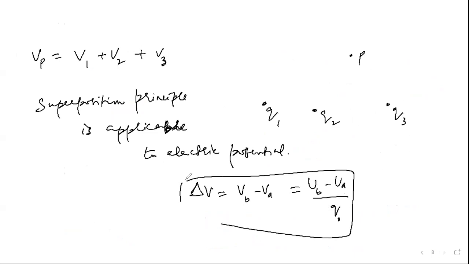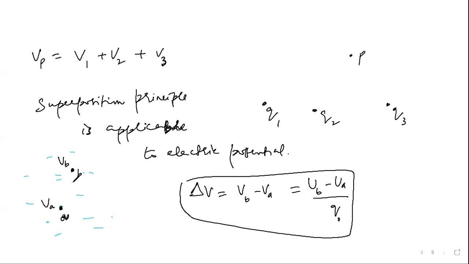It simply means if there is in certain space an electric field, and we select in that electric field 2 points A and B, this point A has potential VA, this point B has electric potential VB.